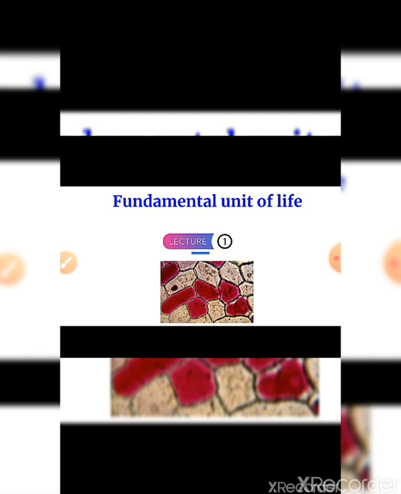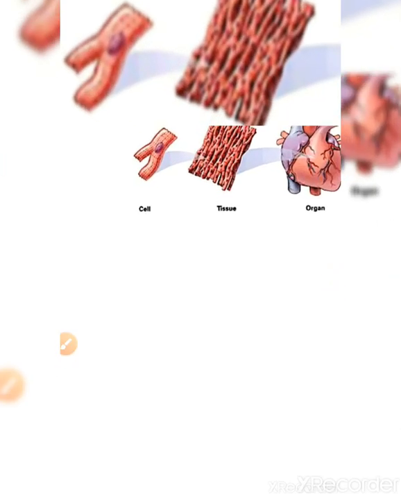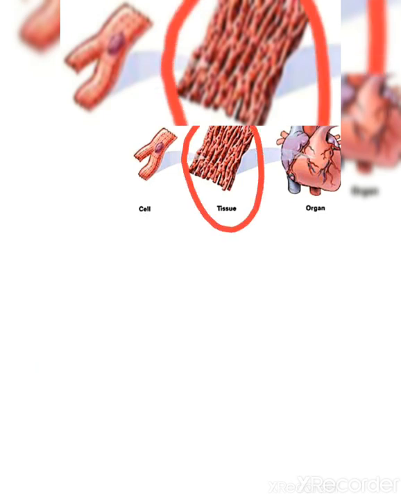Okay, in this diagram we can see the structure of a cell, tissue, organ, an organ system and also a body. So we are getting the answer to our question. See, this is a single cell. Over here a group of cells makes a tissue.